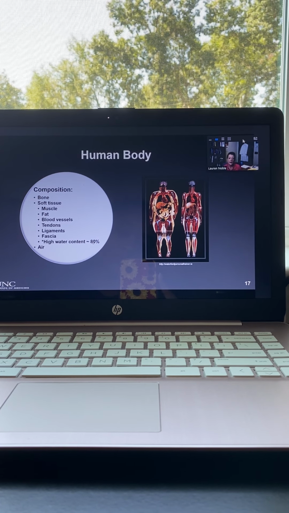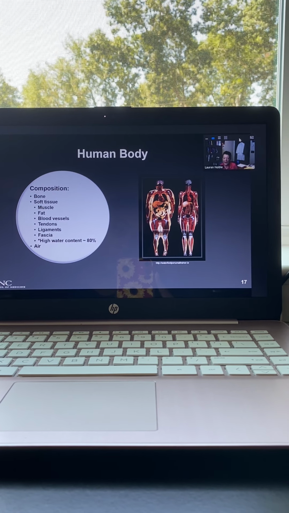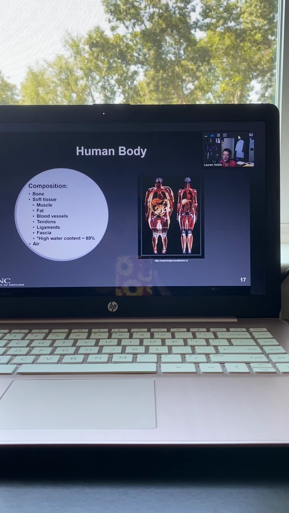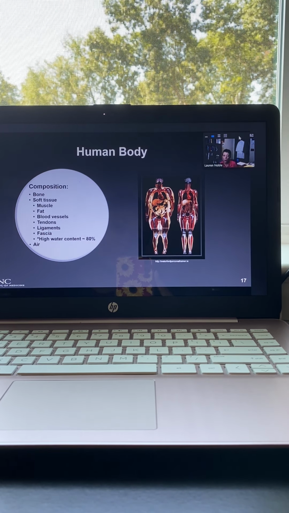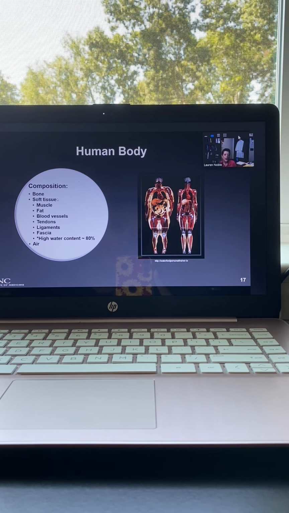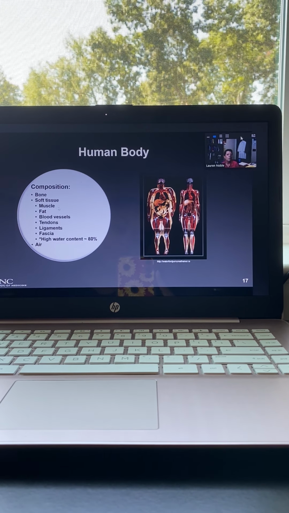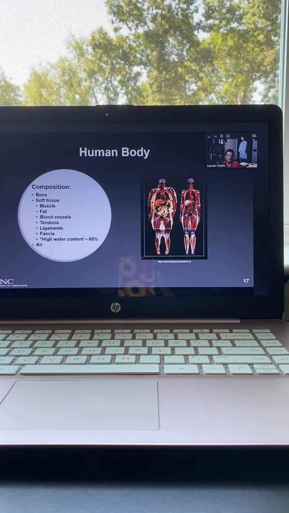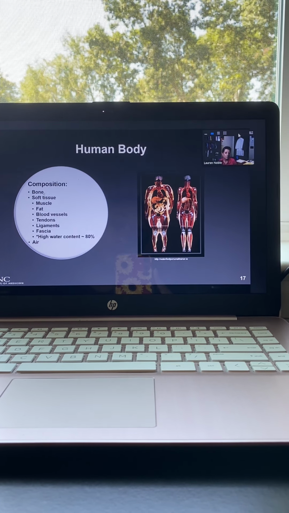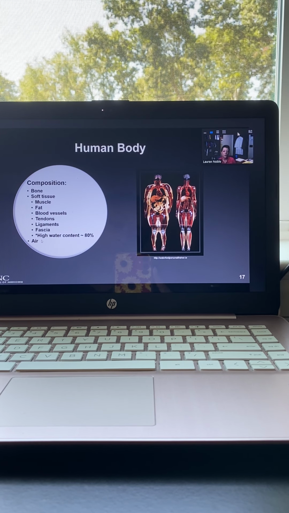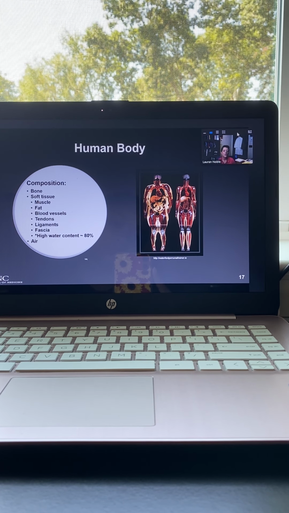This does vary from pediatrics to geriatrics, and it also varies between males and females, but we typically say around 80% or so water content. We do have water content in bone, but a bulk of the water content comes from all of these soft tissue structures.